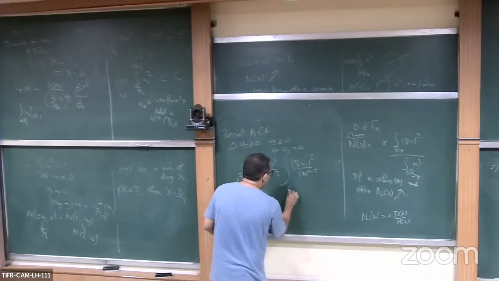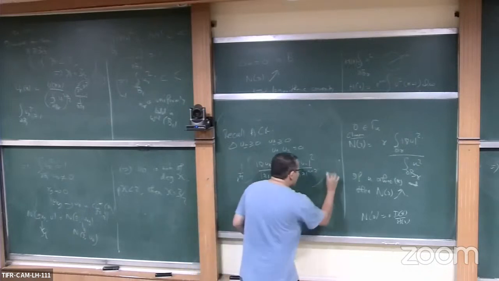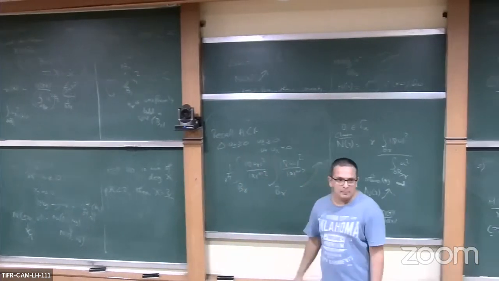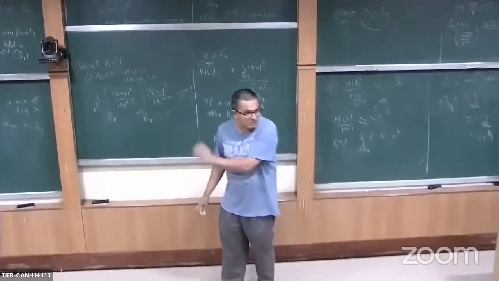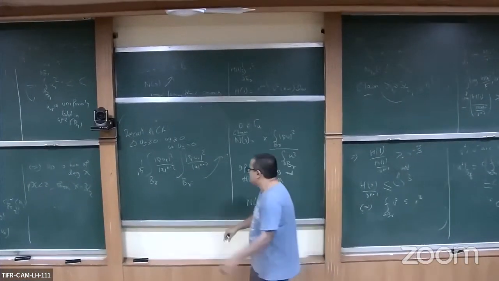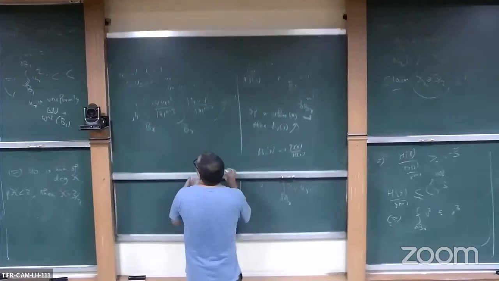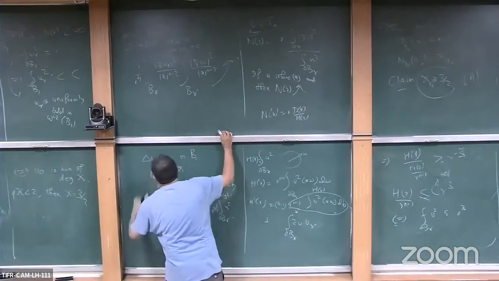I mean, this is a very weak monotonicity formula, as you know, which exploited the Friedland-Hayman inequality in a very crucial way. In fact, it is equivalent to the Friedland-Hayman inequality. Okay, this is monotone.